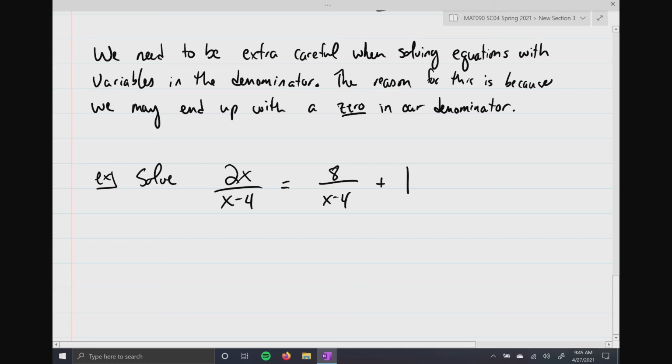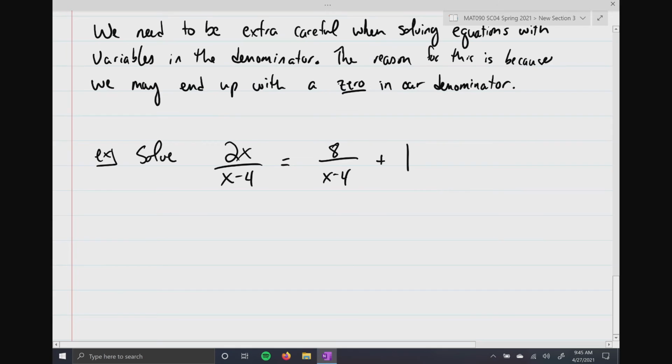Okay? Now, there is something we're going to do from the very start of every problem. But this one we're not, because I want to show you where this comes into play. So, I got fractions. I need to multiply by my LCD. My LCD is going to equal x minus 4. So I'm going to multiply both sides of the equation by x minus 4.